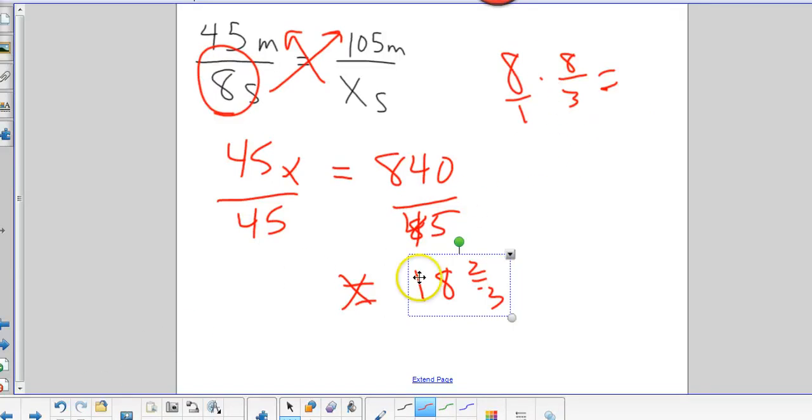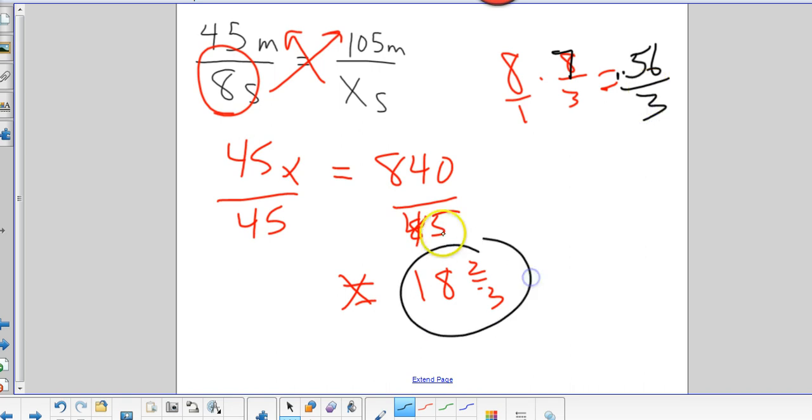Ah, yes, my problem here is that 2 1/3 is not 8/3, it's 7/3. So I'm not very smart. Sorry. So 56 over 3, which would turn into 18 2/3.